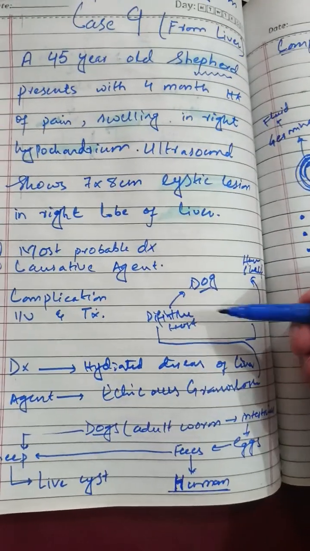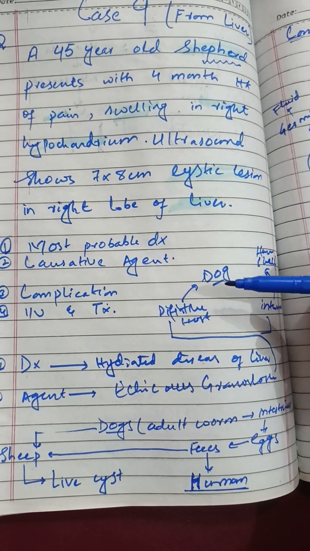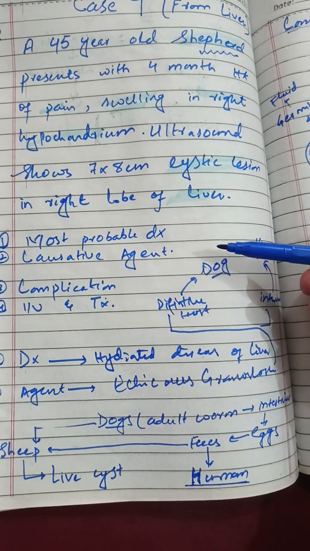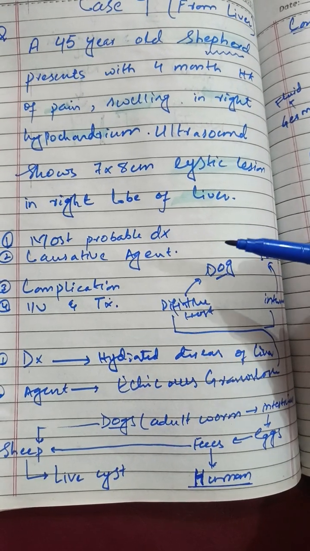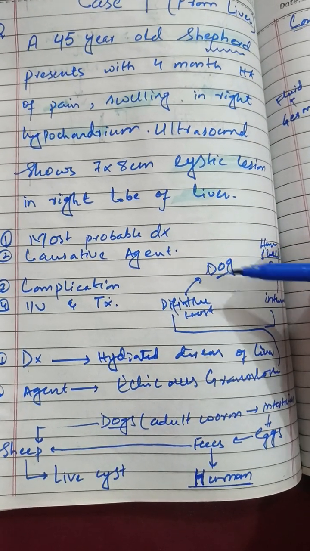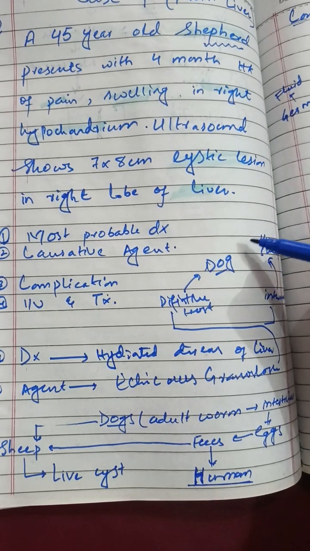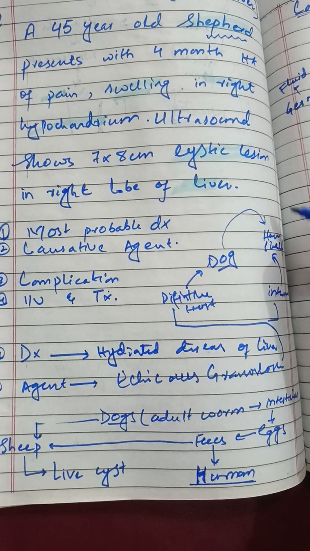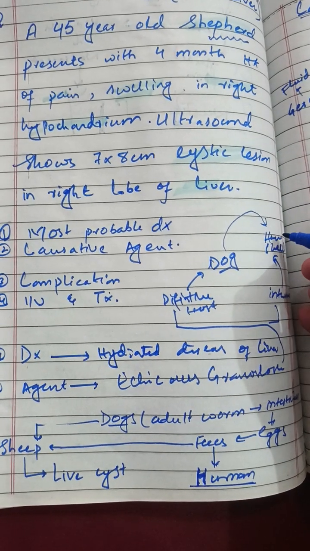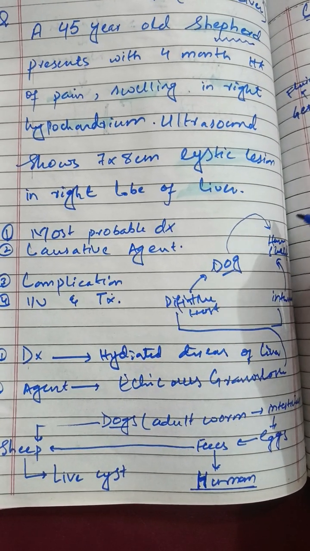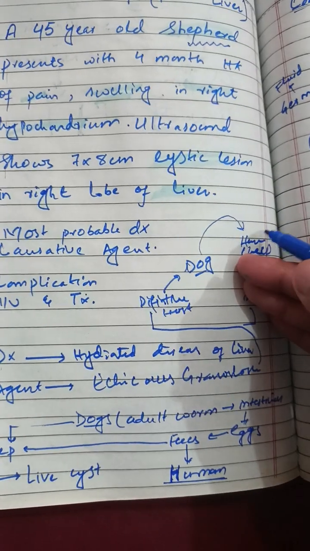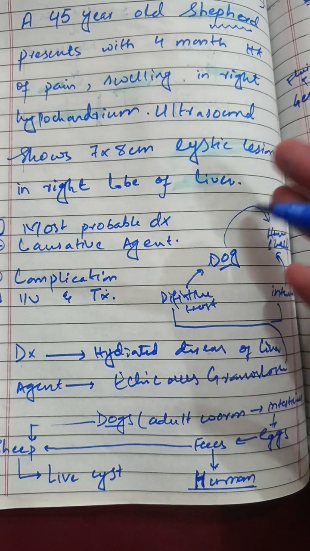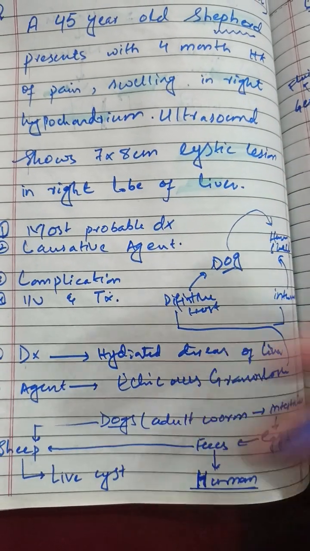In the definitive host, the organism enters the dog's intestine and lays eggs, and these eggs are excreted in the feces. Humans are infected by the feces of the dog in the sheep grazing area. The human then develops a cystic lesion in the liver, and this cyst contains the larva of the Echinococcus.